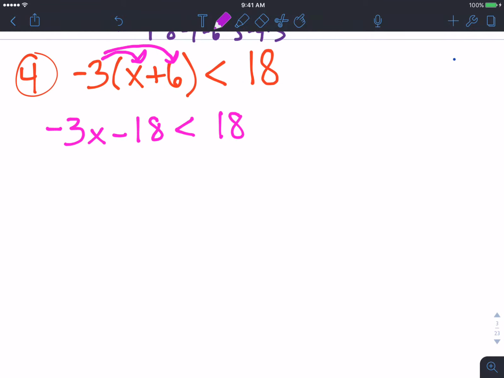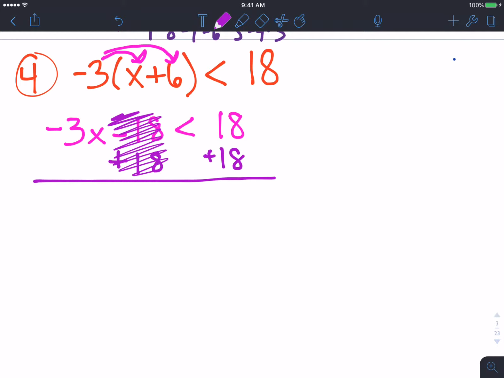How do I get rid of a negative 18? Add 18. Well, this side just cancels out. So you just have negative 3x is less than 36.